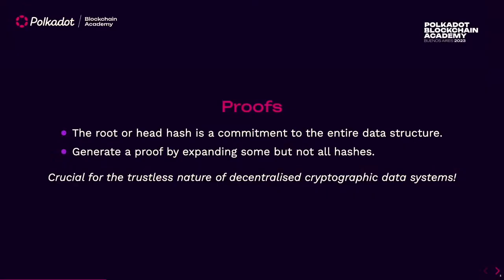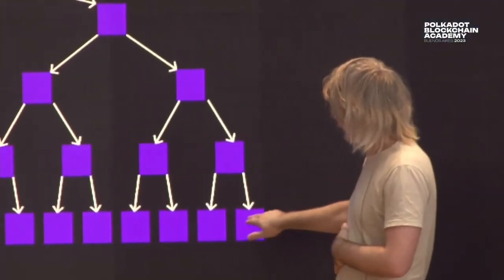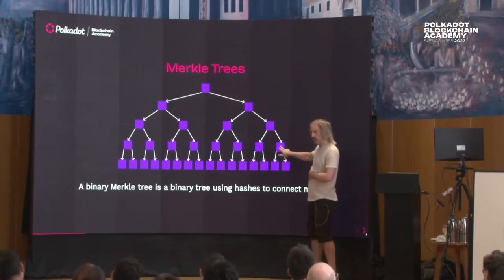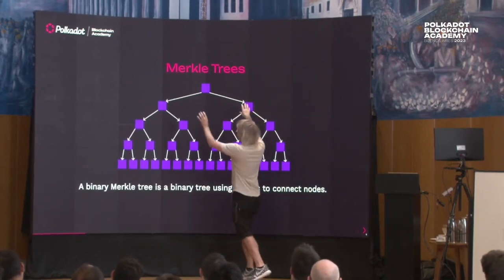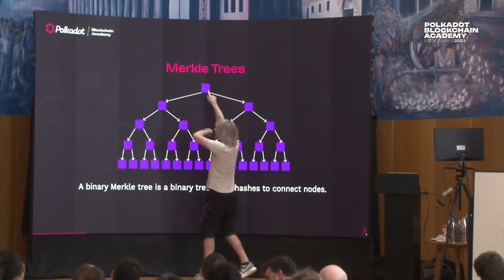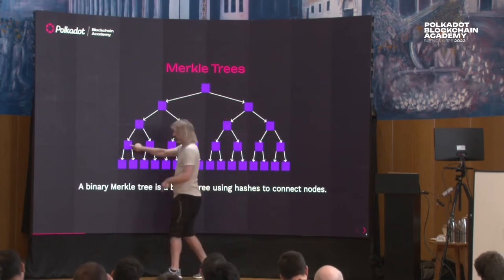Now, proofs. If we go back to the cause and effect, this one causes an effect on this one, which causes an effect on this one, on this one, on this one, right? These two define what this one is. Yeah? These two define what this one is.